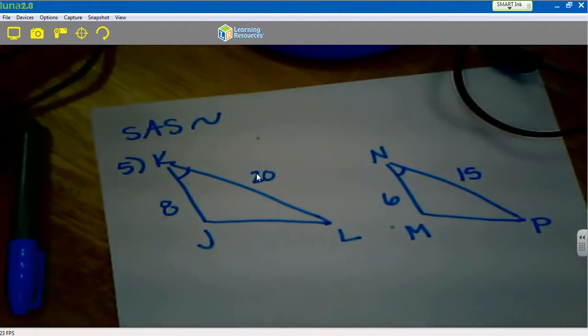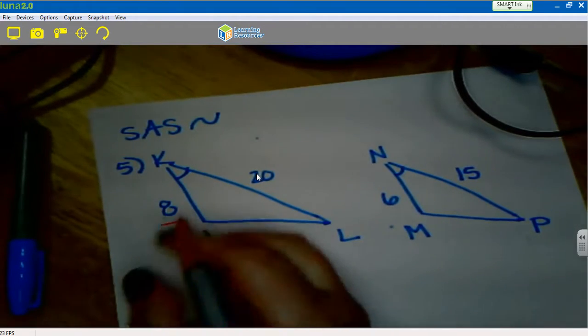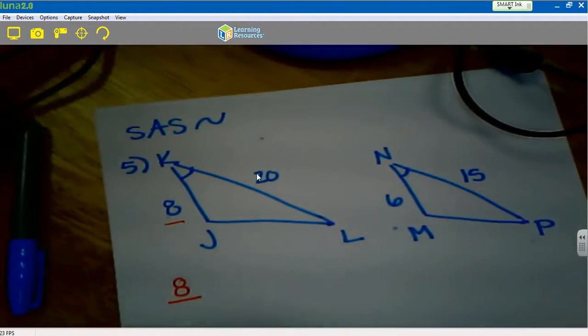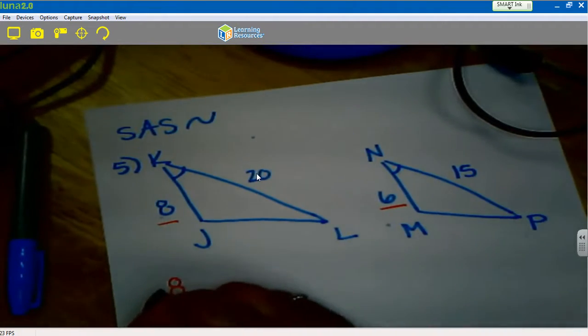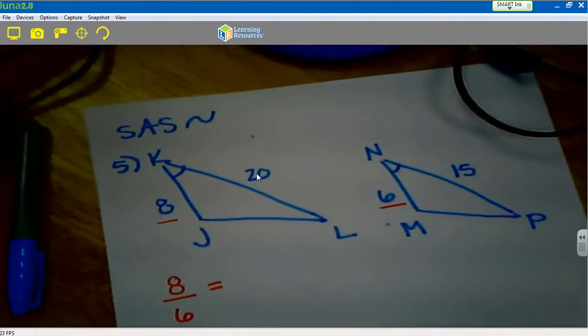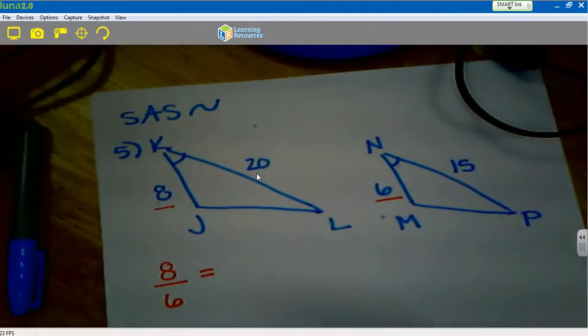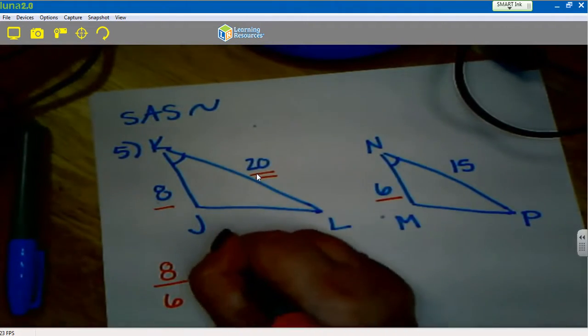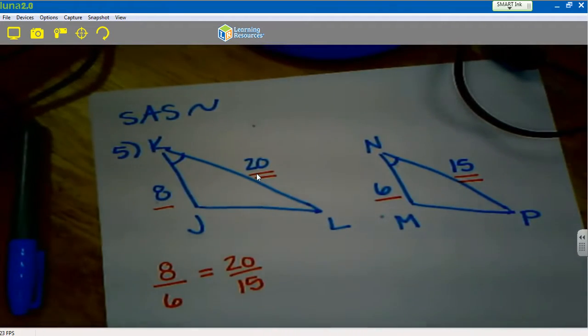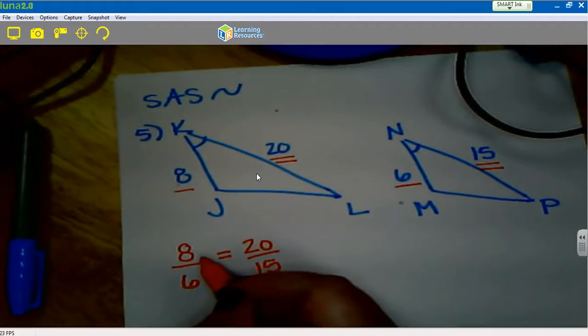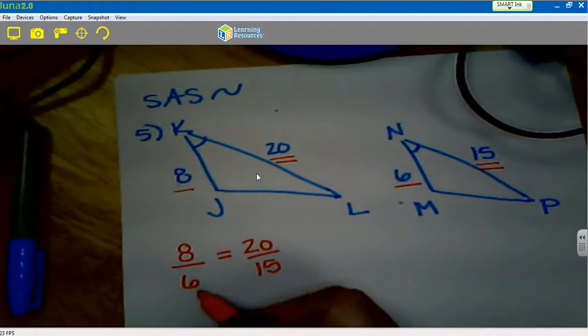So let's start with our smallest side on the left, which is 8. We pair that up with the smallest side on the right, which is 6. Does that simplify to the longer sides, 20 and 15? 8 and 6, they have a common factor of 2.